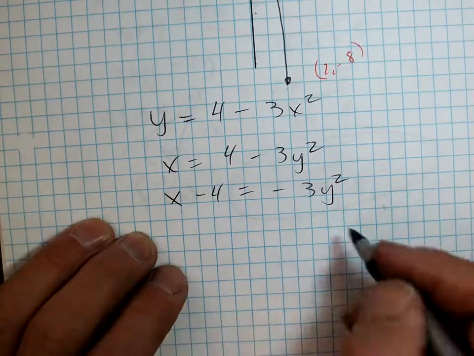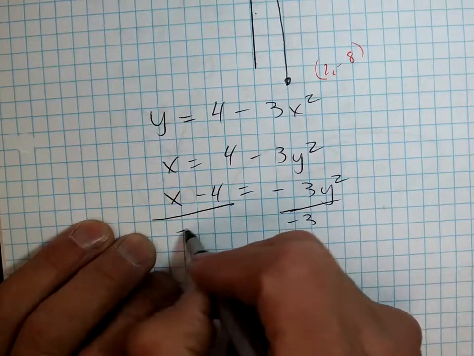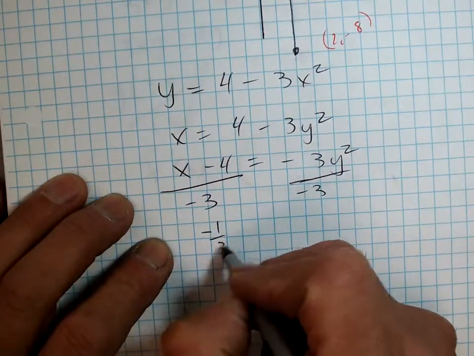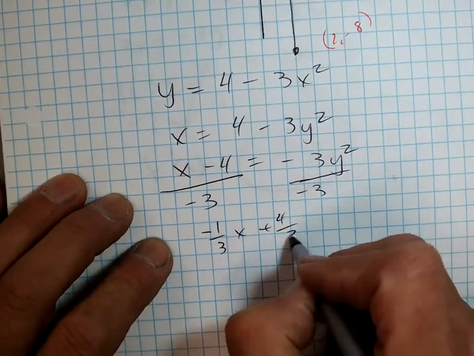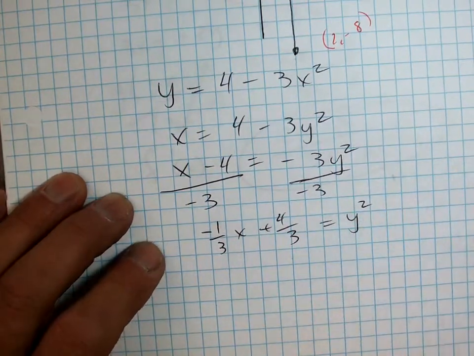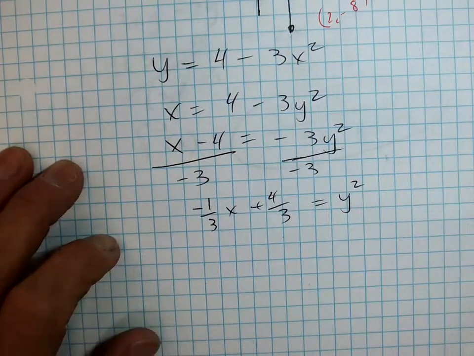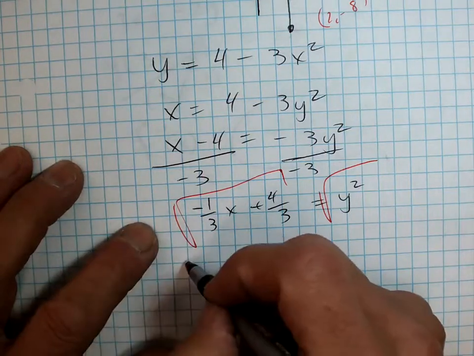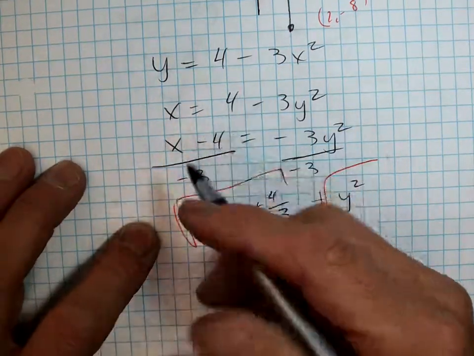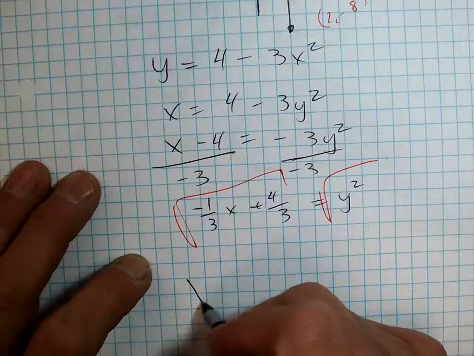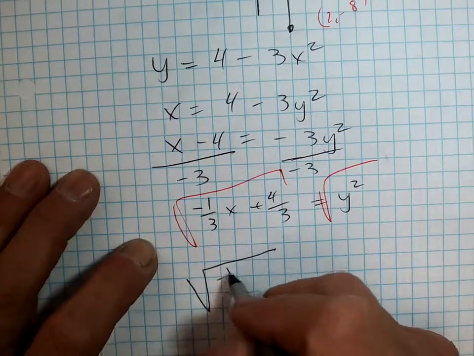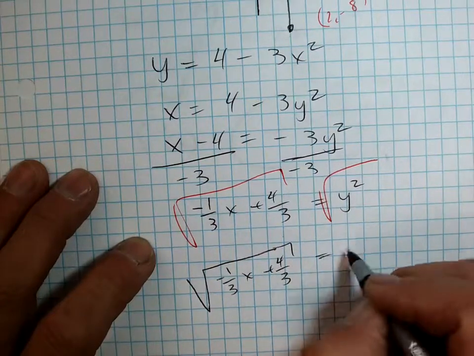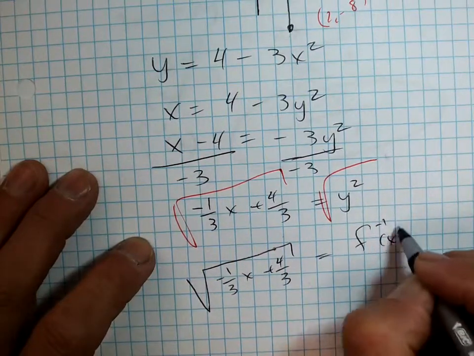Divide by negative 3, which makes a negative 1/3 x plus 4/3. Square root, plus or minus, but not plus or minus because we already made it just the plus. So my inverse equation is negative 1/3 x plus 4/3 is equal to f inverse of x.